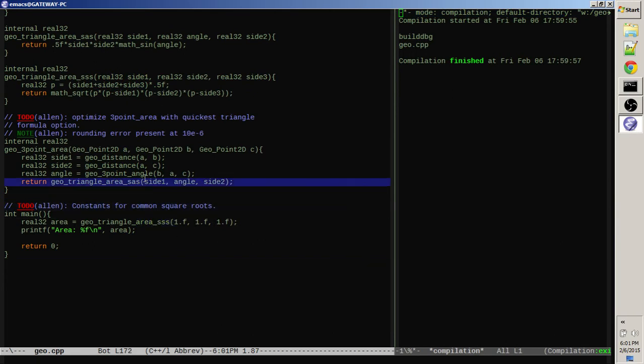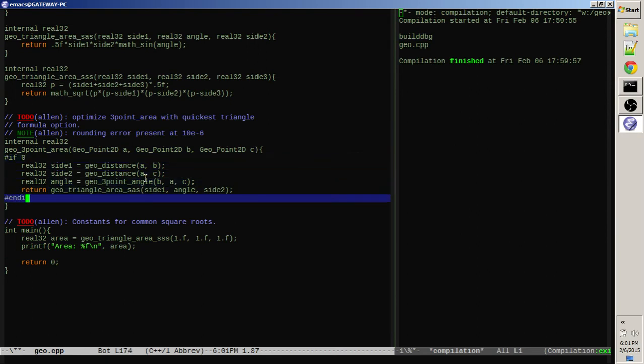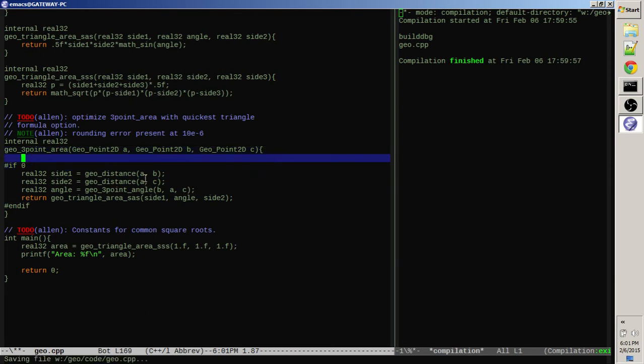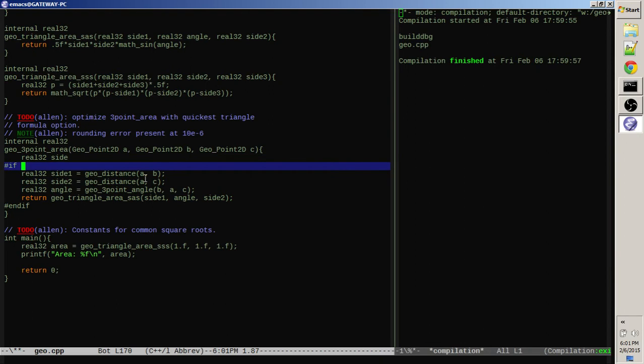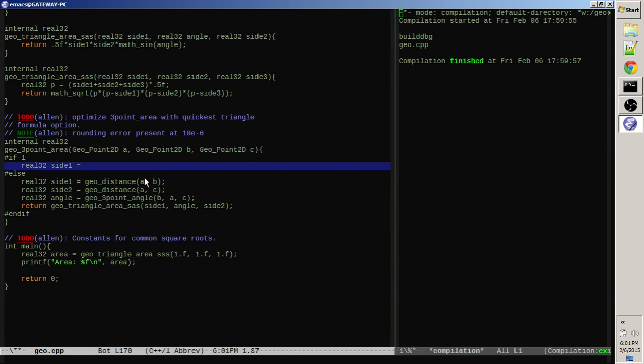So what we're going to do is block out this version. And like I said, the next thing we'll want to do is put this all to the test and see which of these two options is better. We'll do it this way. One of these will always be in power for this particular function.